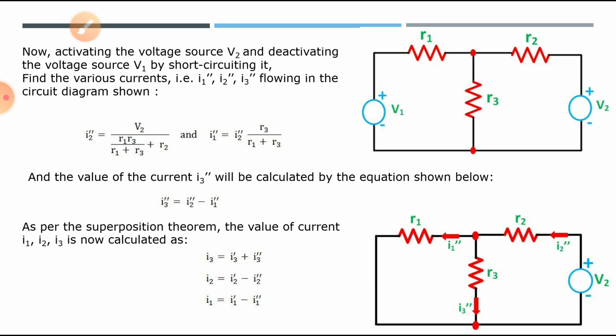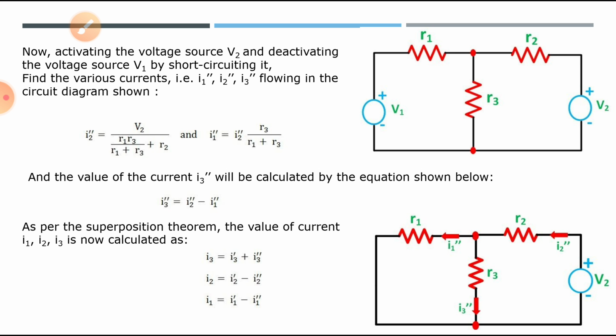Then I can say I3 dash plus I3 double dash, since both are assumed to have the same current direction. So, we are adding the current with the influence of V1 and V2. So, we are going to get the current that is required.